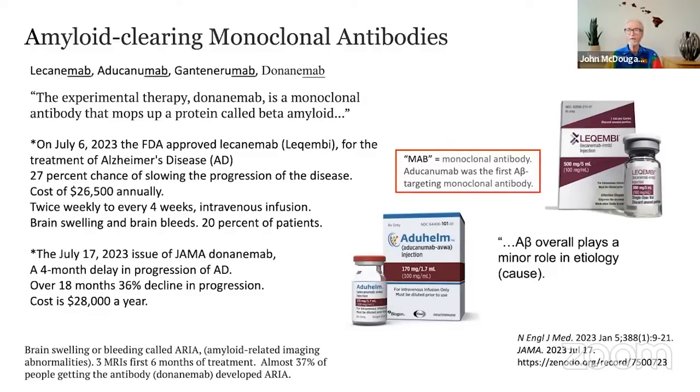In this case, they are monoclonal antibodies attacking amyloid proteins, beta amyloid. And so they make these antibodies against this particular protein that's present in the brain. And as a result, the antibodies are supposed to clear the brain of these proteins, the amyloid.